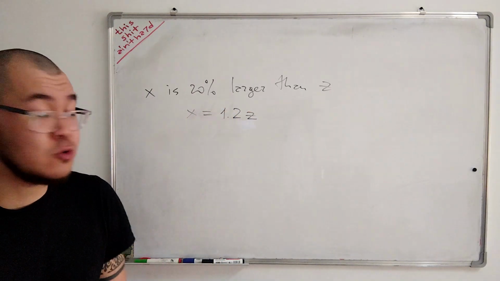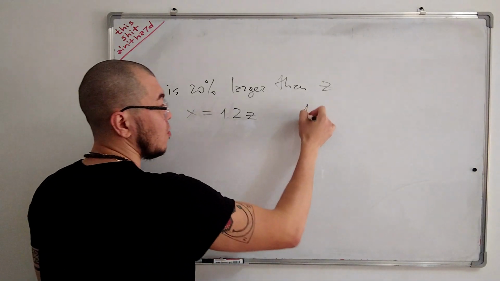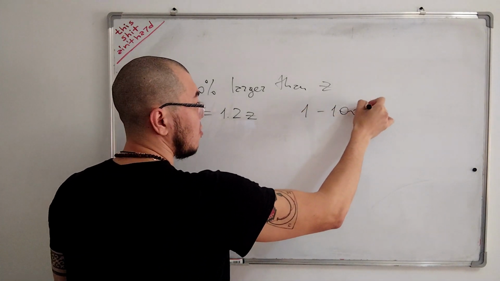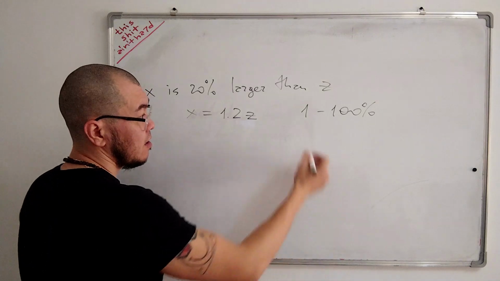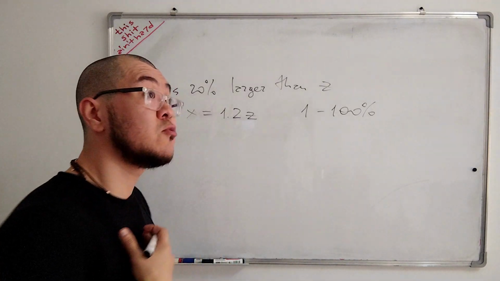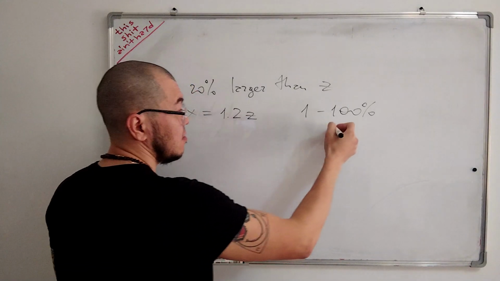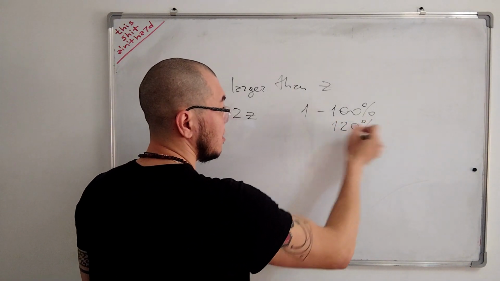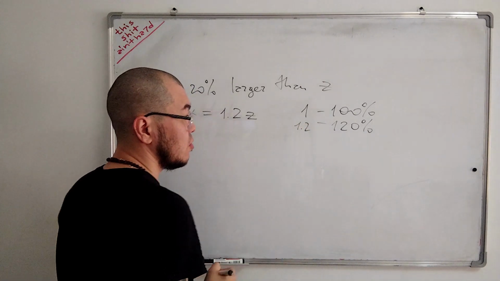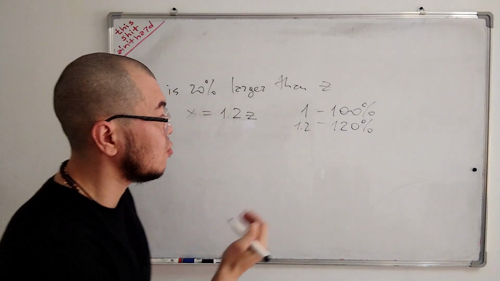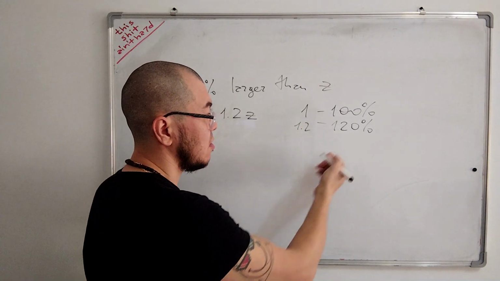Why 1.2? Because 1 is the whole 100%, and if we need to write down 120%, it will equal 1.2. How does it work?